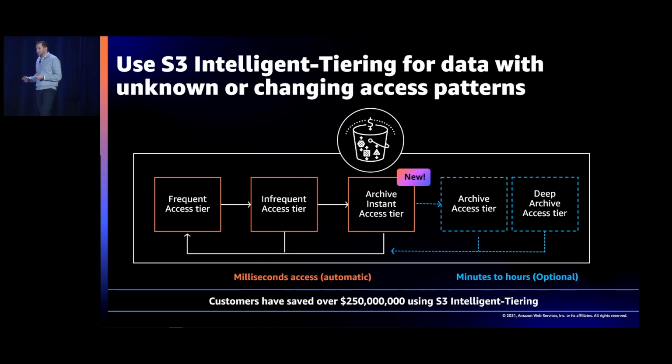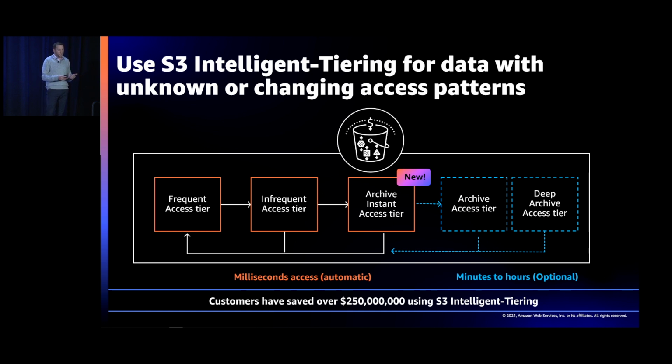Each of these access tiers reflects the storage classes that we just talked about in terms of price points. But the way S3 Intelligent-Tiering works is it's a storage class, and so you upload data into the storage class, or lifecycle data into the storage class, and all data starts in the frequent access tier. S3 Intelligent-Tiering automatically cost optimizes based on how that data is being accessed.